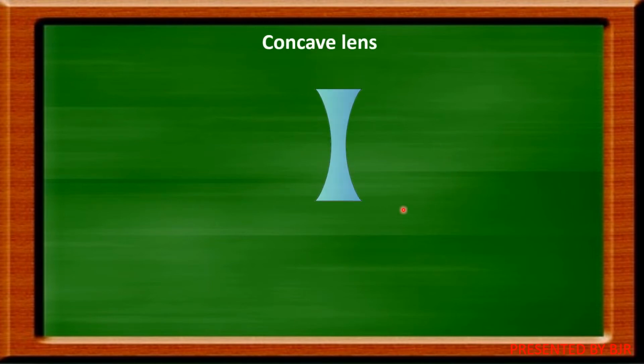See here, this one is the concave lens, and here P is the optic center. C1, in the earlier case this side it was C2. Here you see, from left to right, this one is the first curved surface, and if you complete this curved surface as a sphere like this, C1 will be here.